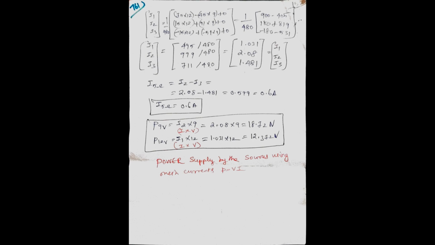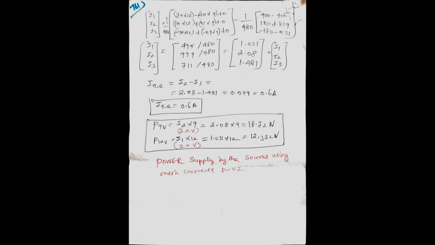For the power supplied by the sources using mesh currents, the solution is: P9 volt, that is the power of the 9 volt source, is VI. Using the VI formula, I2 into 9 volt, that is 2.08 into 9.